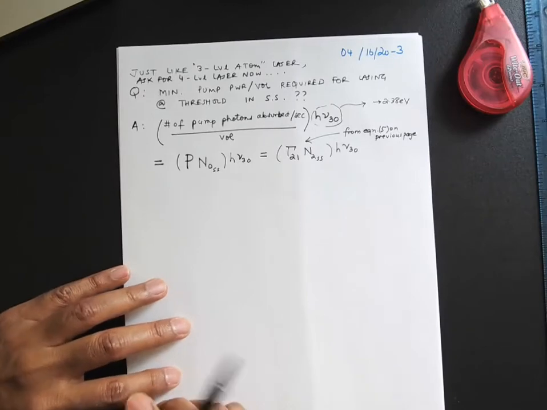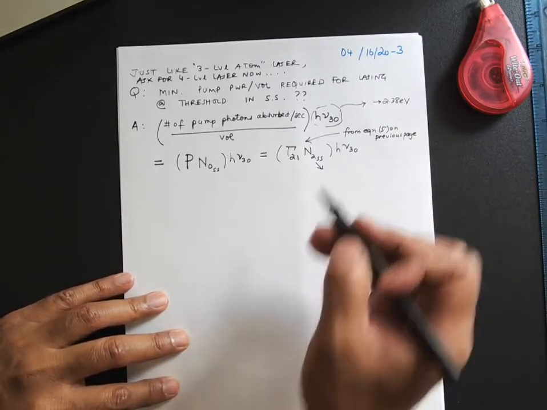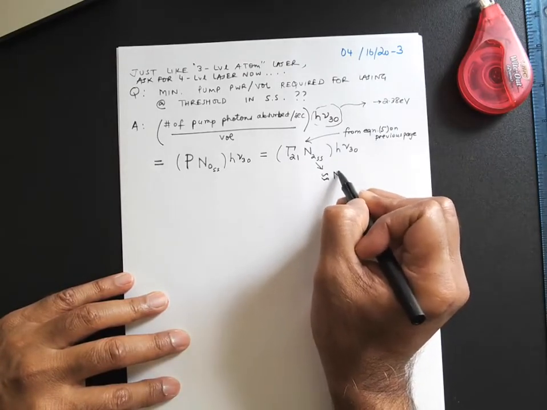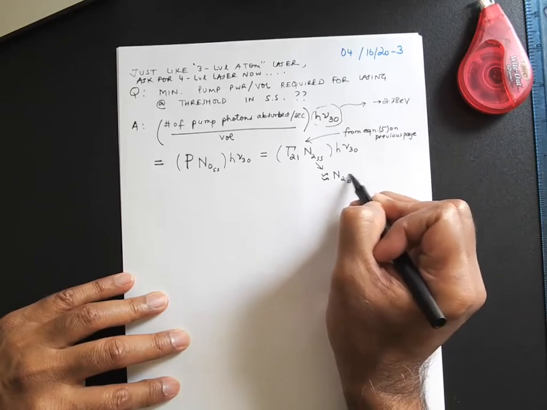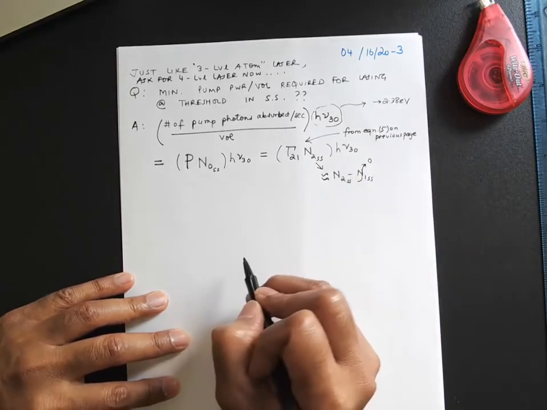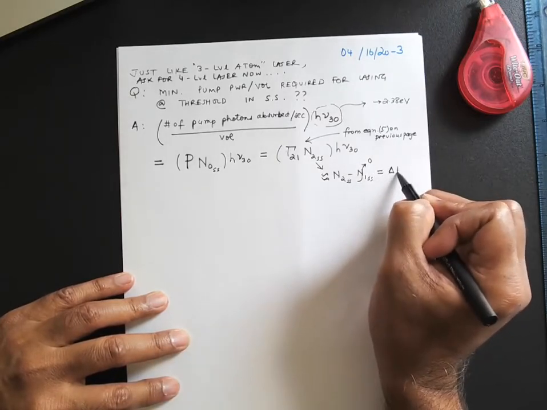And now this N2 steady state is the same as N2 minus N1 steady state, because N1 steady state is 0. And so this is actually equal to delta N.